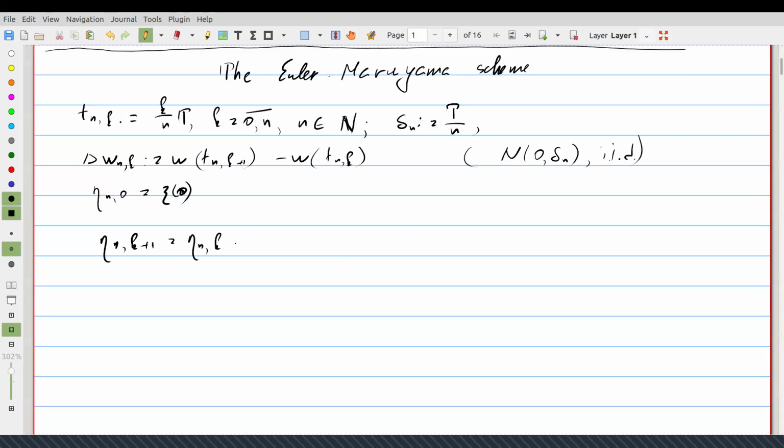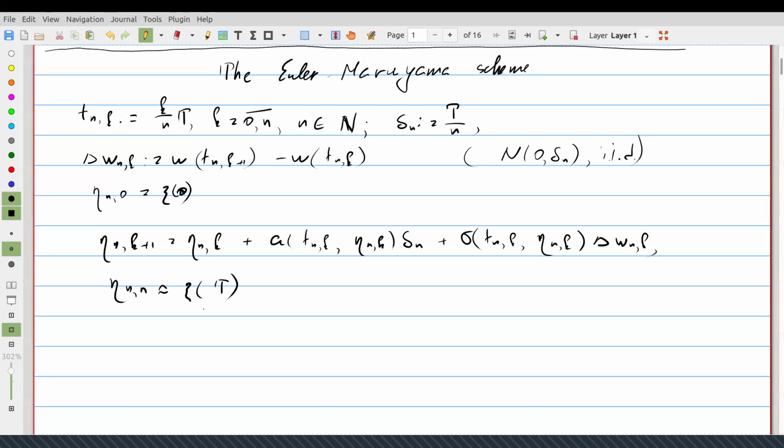It takes what happens at the previous step and adds a linear correction: a(t_{N,k}, η_{N,k}) Delta_N plus sigma(t_{N,k}, η_{N,k}) ΔW_{N,k}. This is our approximation of psi at time T capital.